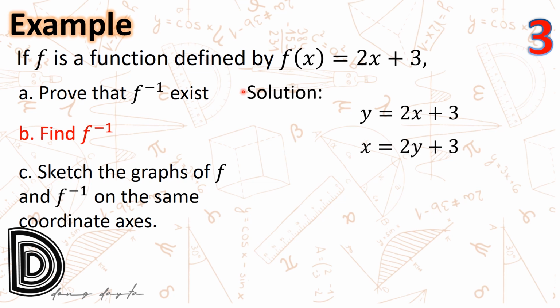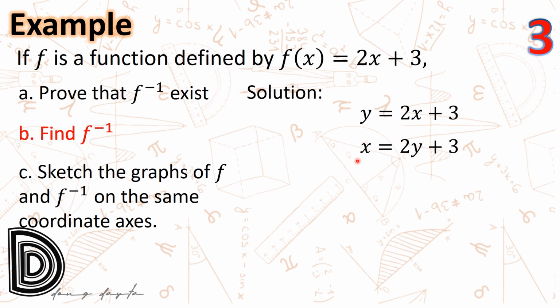So we have x equals 2y plus 3. See how the positions of x and y were interchanged in that step. Literally, y becomes x and x becomes y. At this point, we're going to solve for y in terms of x.